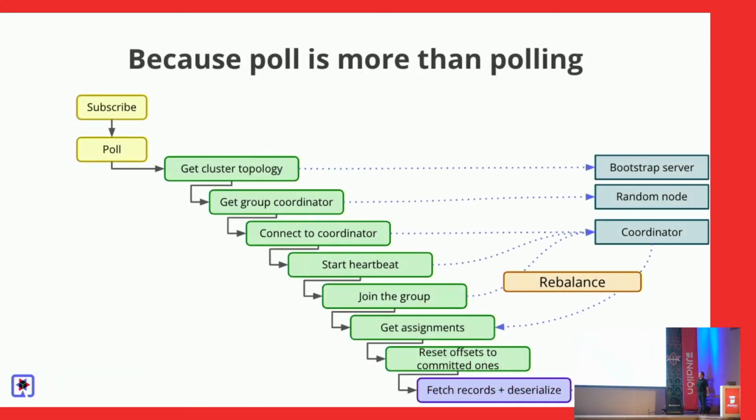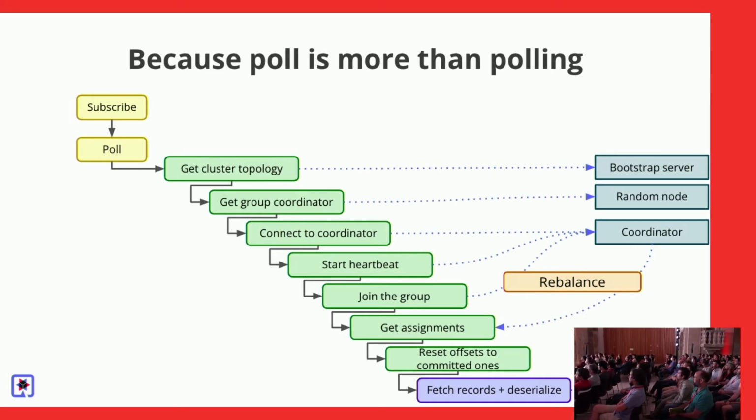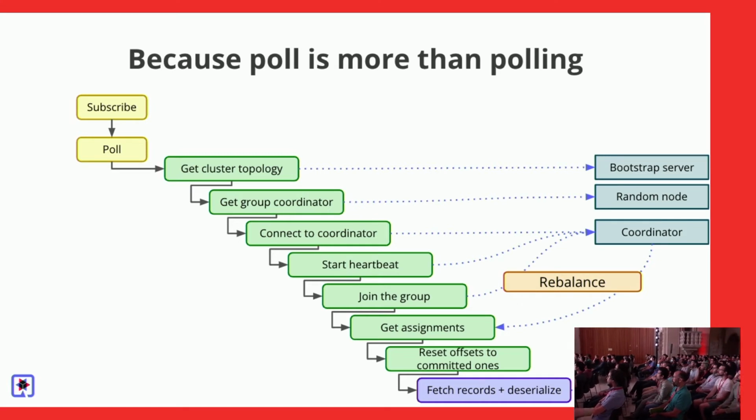When we look at the poll method, this is what is actually happening. Fetching the records is a blue box. Everything else is actually very, very important. So the first thing you will do is try to connect to the broker to find the coordinator of the group, which is one of the brokers which will coordinate the consumers from the consumer group.